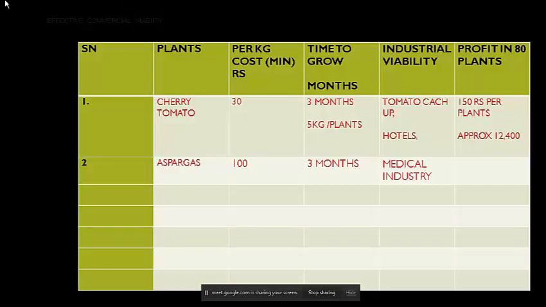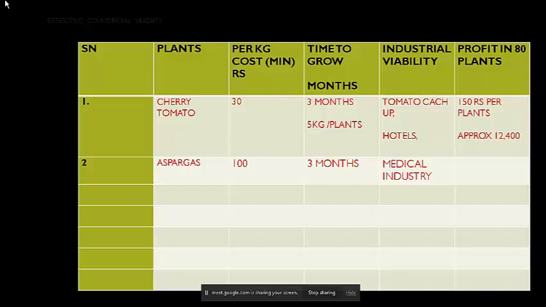So this is one idea I have calculated. For the cherry tomato, for example, minimum cost you are selling at 30. It's not 30, it's 100. This must be revised. In 3 months you can grow, and one plant gives you minimum 5 kg. So 5 kg into 100, how much? 500 per plant.